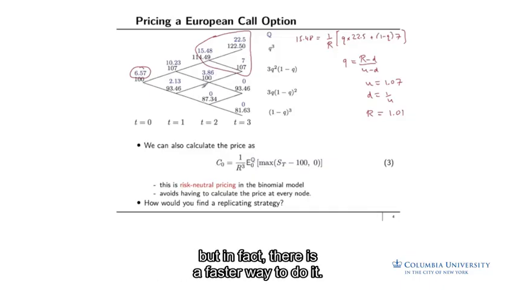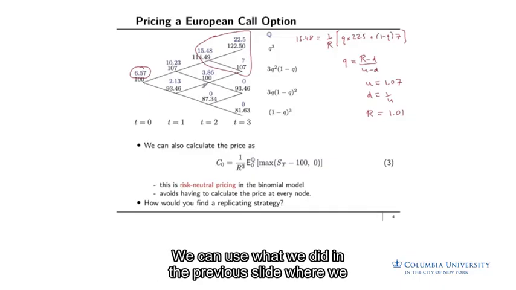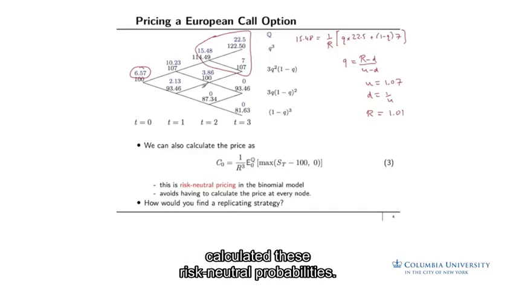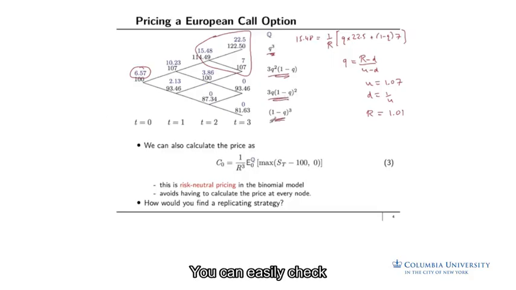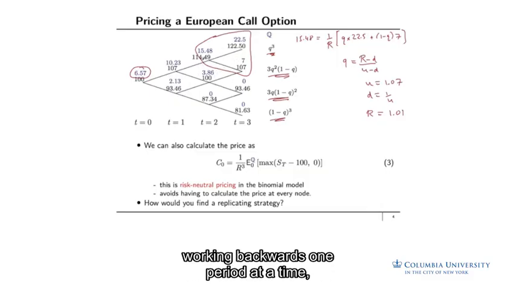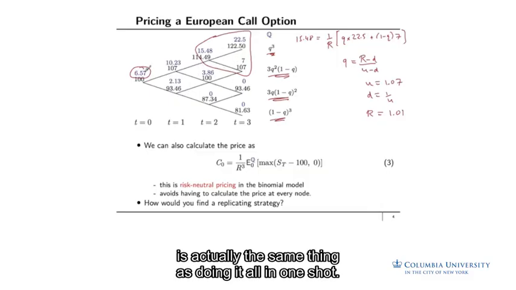But in fact, there is a faster way to do it. We can use what we did in the previous slide where we calculated these risk-neutral probabilities. Okay, so these are our risk-neutral probabilities. You can easily check that doing this backwards calculation, working backwards one period at a time, is actually the same thing as doing it all in one shot.